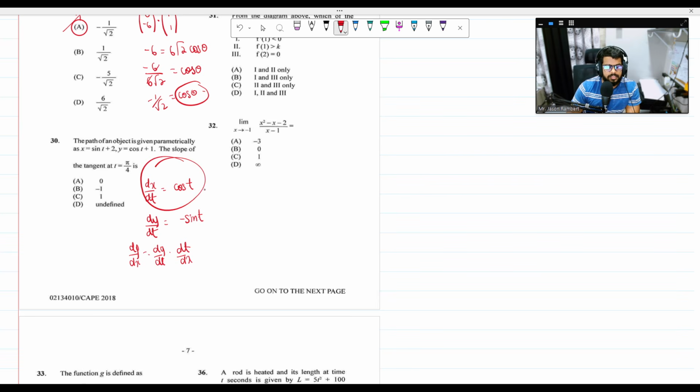Now I have dx/dt, so dt/dx is 1 over that. So this is going to be minus sine t multiplied by 1 over cosine t, which is minus tan t.